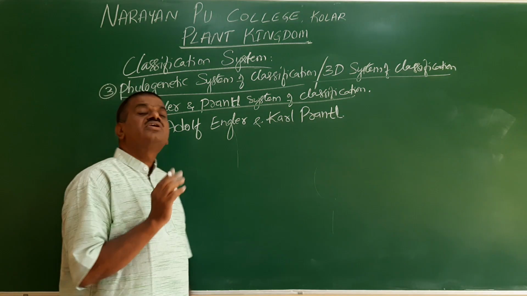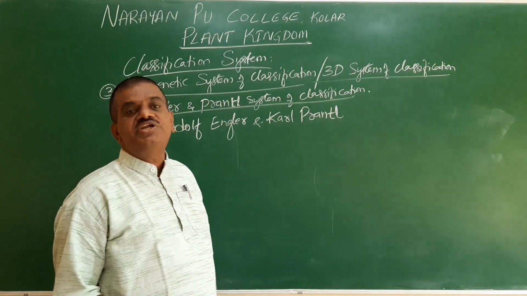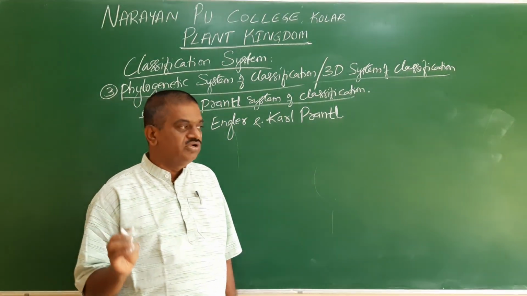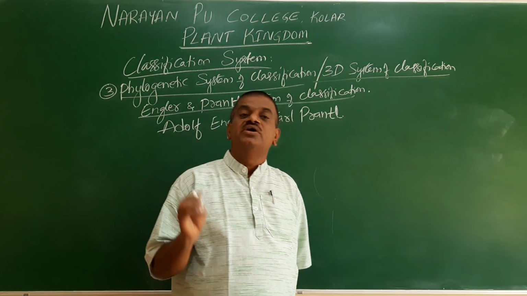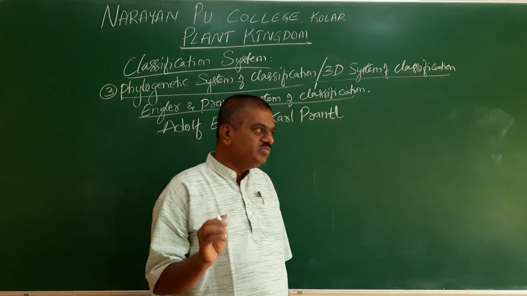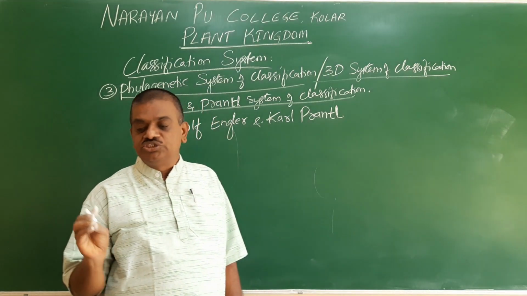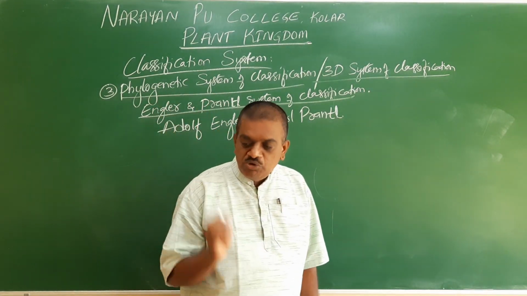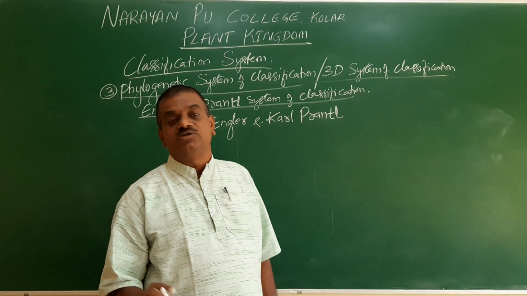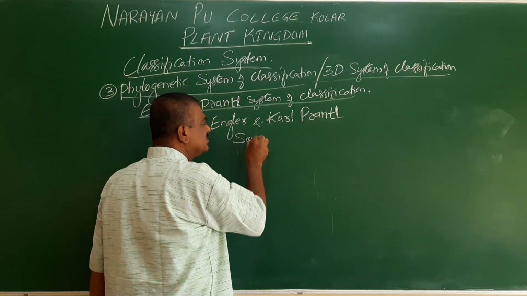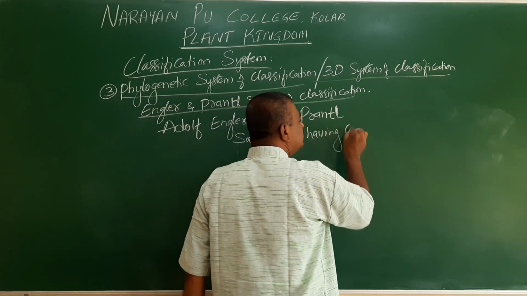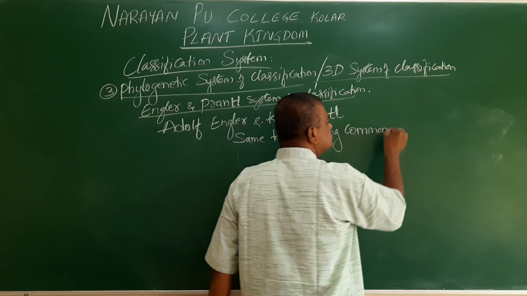They classified the phylogenetic system based on the evolutionary relationships of organisms, based on the evolutionary history, and on the same taxa having a common ancestor.